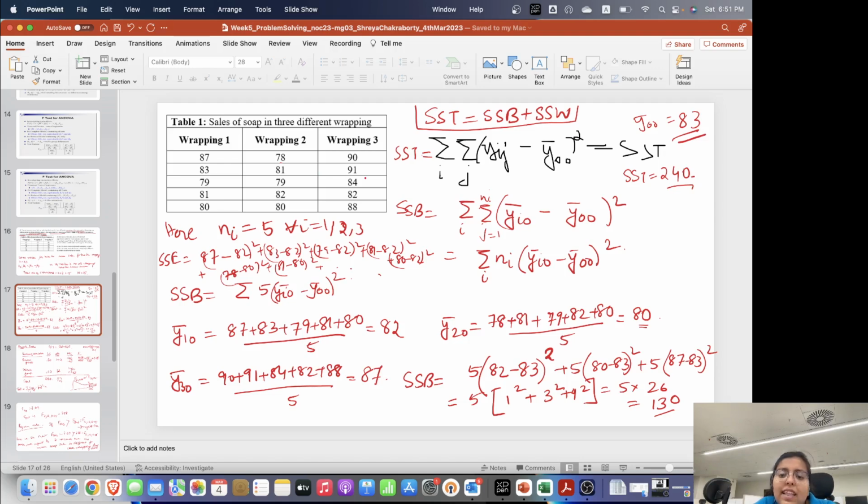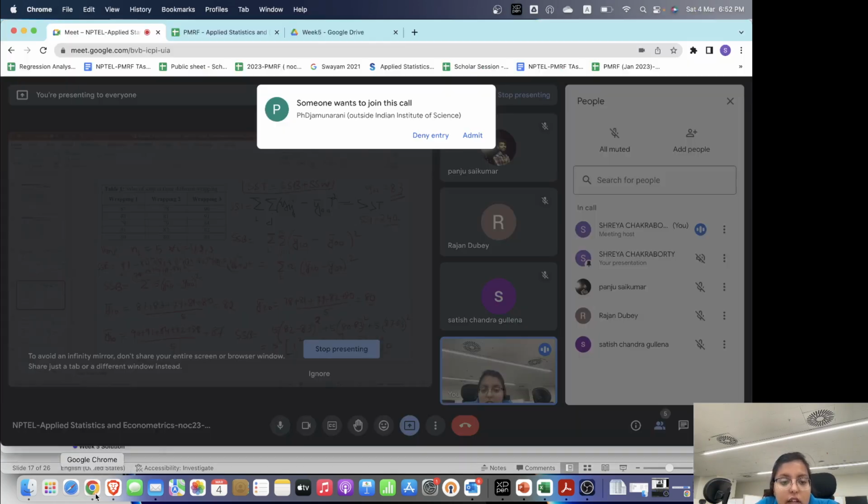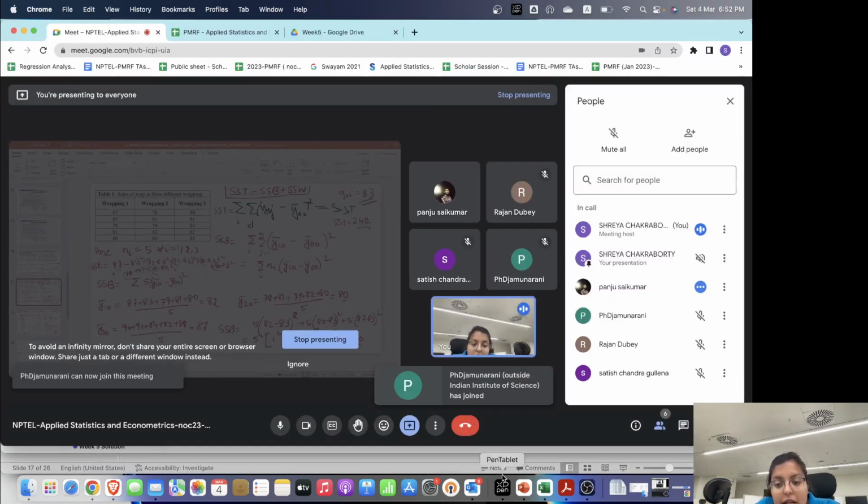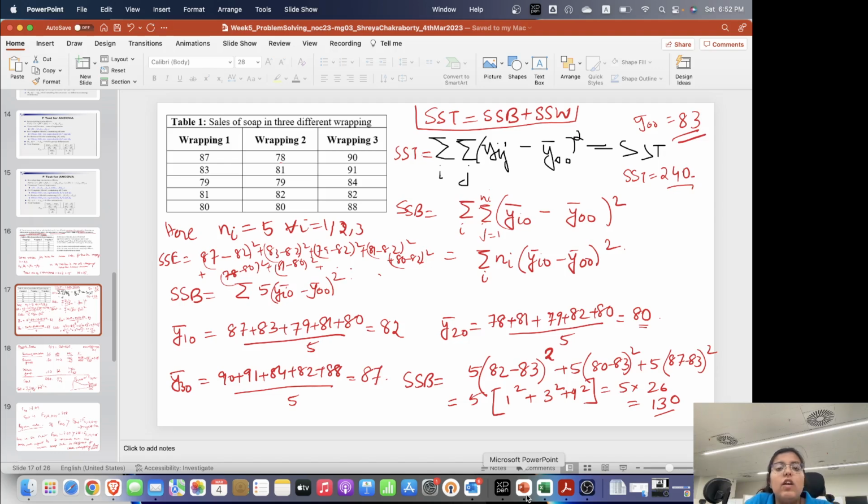Okay, so when you're talking about real life application, if you spot differences between wrappings in your sample, that will give you an indication of whether you should go for testing or not. But depending on the formal level of significance, you should take a call whether they are significantly different or not, because there can be biases in selecting these samples, so that the means come up really close to each other or very different from each other.